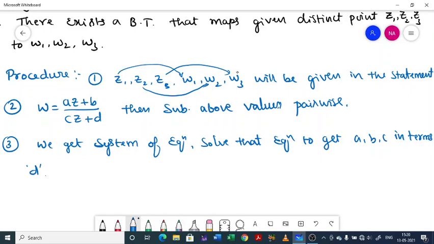The thing is, you have to get three other constants in terms of one constant. Usually we use the rule of cross multiplication to determine these constants. That I will explain while solving problems.